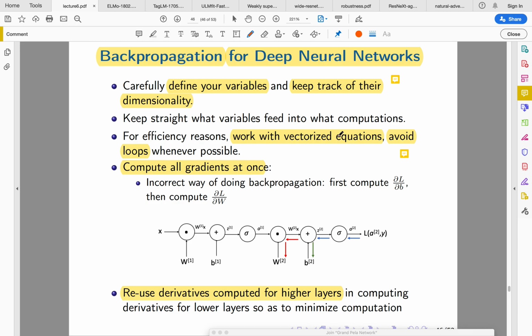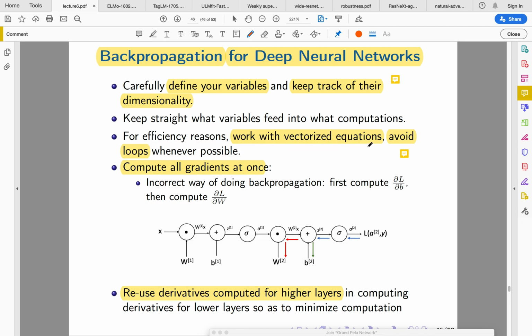So for backward propagation in a deep neural network, we carefully define variables and track their dimensionality. Understand the variables, the weights, the biases, and keep straight what variables feed into what computations. As you can see in the graph, we have some earlier weights feeding into later weights.